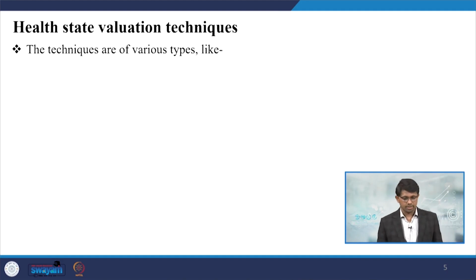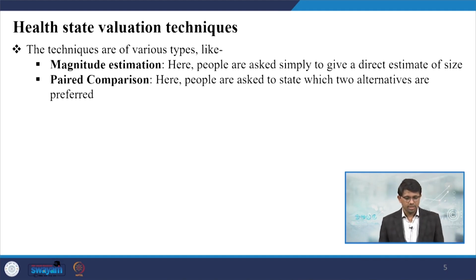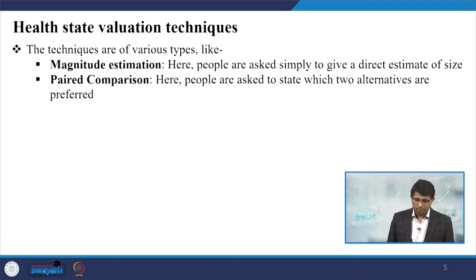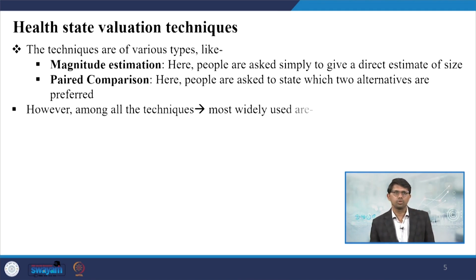These techniques are of various types, like magnitude estimation, and then paired comparison is made. In the magnitude estimation case, people are asked simply to give a direct estimation of size, whereas in paired comparison we are supposed to take the alternatives and find out the most preferred one.